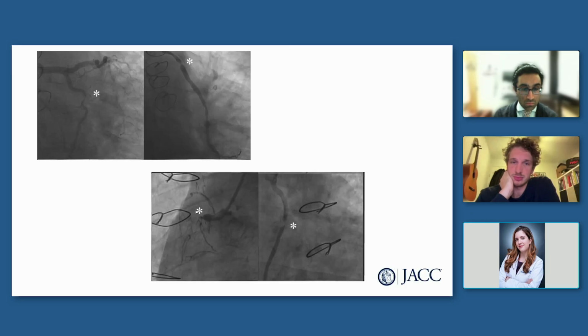You can see the vein graft there on the right, and there's a focal lesion in that vein graft. We'll talk a little bit more about the types of both native lesions that were intervened upon, as well as the vein graft lesions and their characteristics, because that really is important in interpreting the results of the trial.